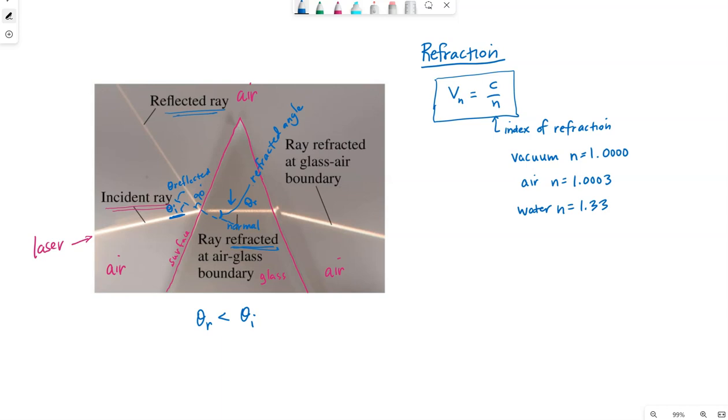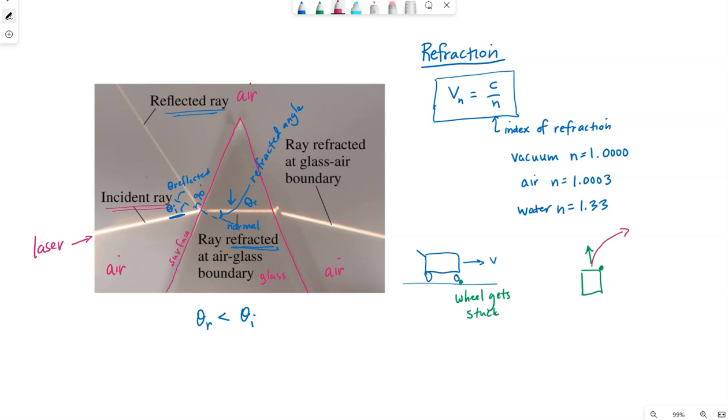Because it slows down, it also changes direction. Kind of a silly example, but have you ever been in the grocery store and you have the shopping cart and you're pushing along, you're moving, and then one of the wheels gets stuck on something? If I had been looking down on the cart and we were moving this way, and this is the wheel that got stuck, the cart turns and starts going that direction.